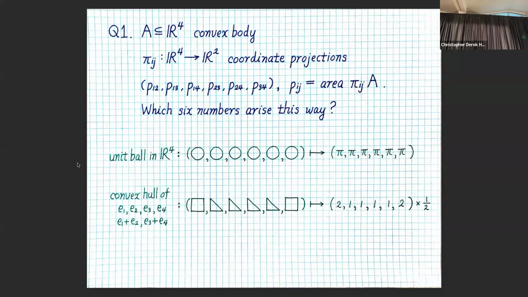So in this way, you will get the areas 2, 1, 1, 1, 1, 2, if you prefer the algebraic geometer's convention that the triangle has the area 1. Otherwise, you multiply by 1/2. And clearly, the question we ask is independent of scaling, so you can ignore that 1/2.